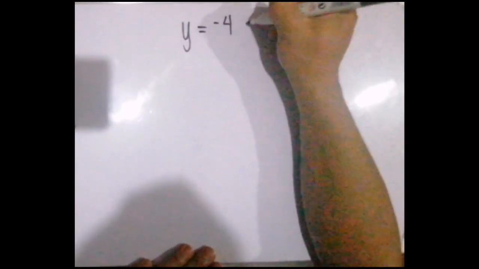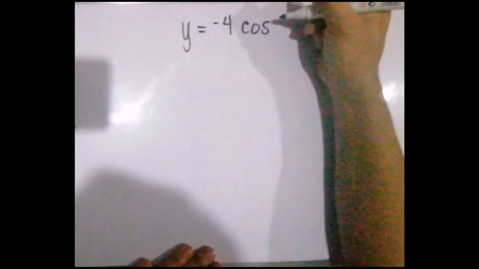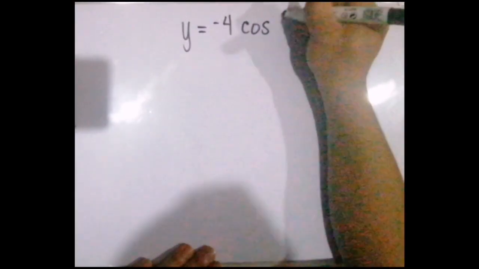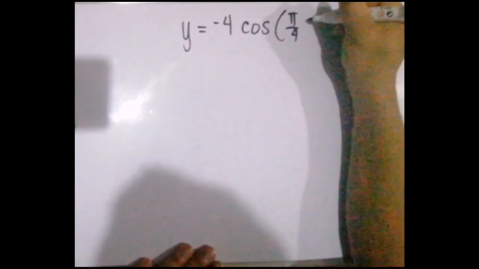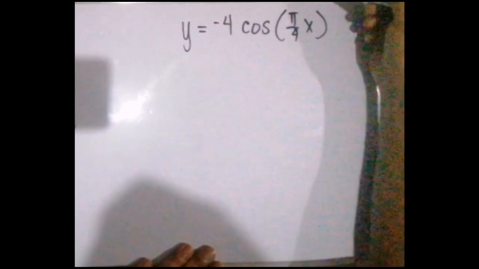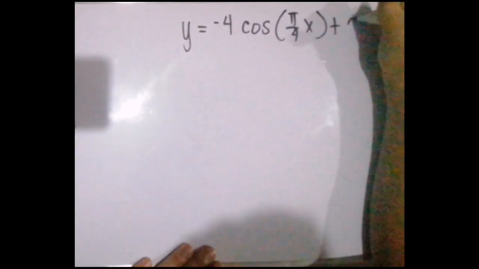And now let's graph the second trigonometric function, the cosine. The same process as in graphing the sine. So let us take this example: y equals negative 4 cos of pi over 4 x plus 2.